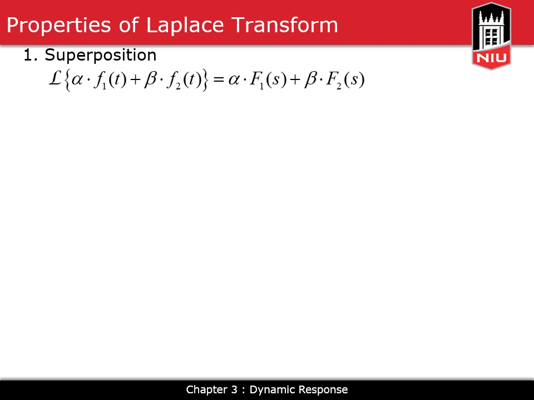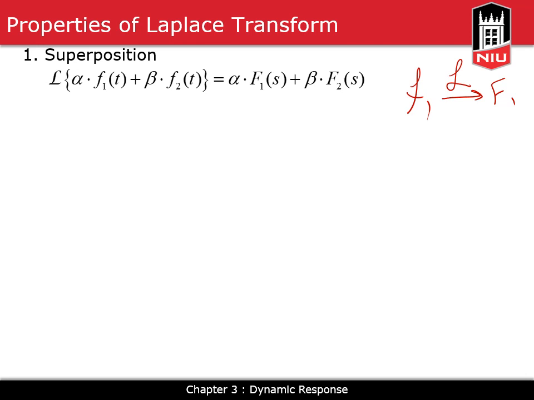Laplace transform of alpha times f1 of t plus beta times f2 of t. Assume that the Laplace transform of f1 is capital F1. We're going to use lowercase letters to show functions in the time domain and uppercase letters to show functions in the s domain.